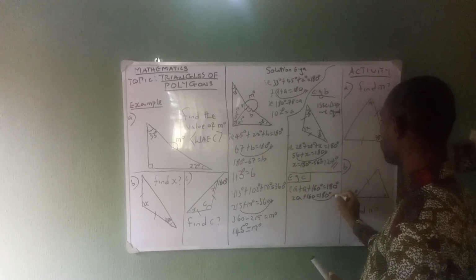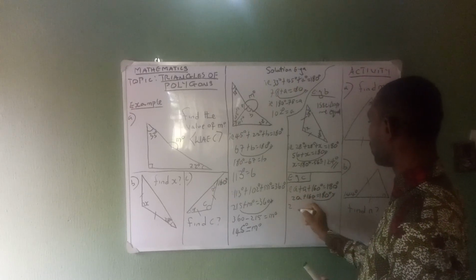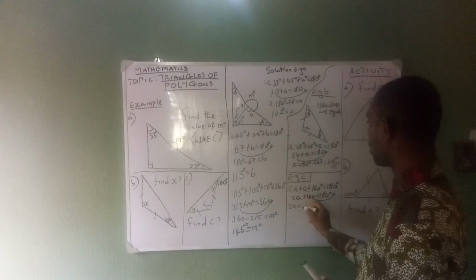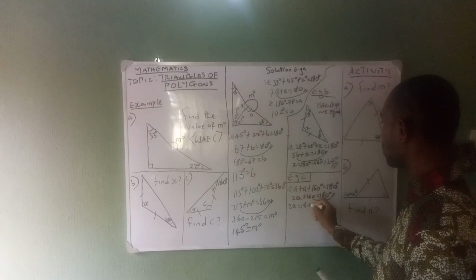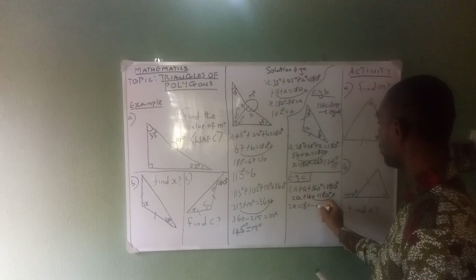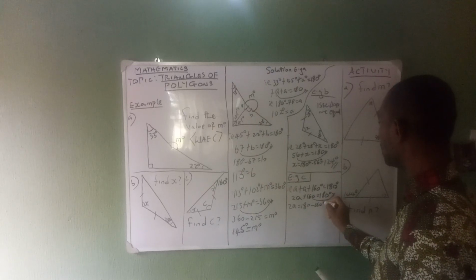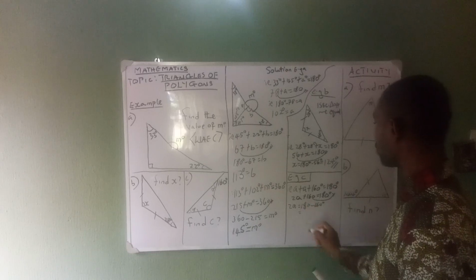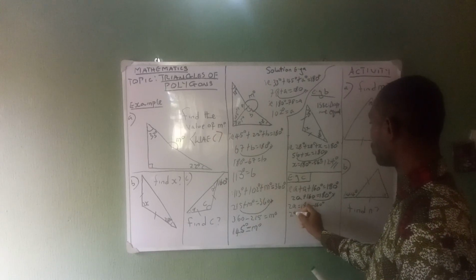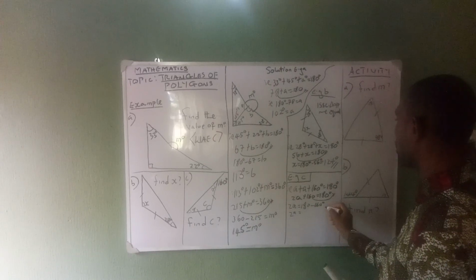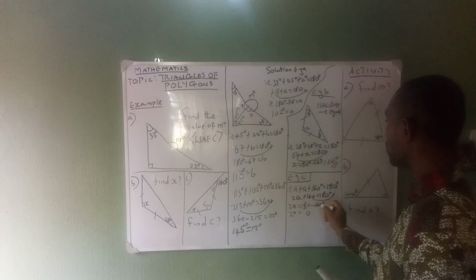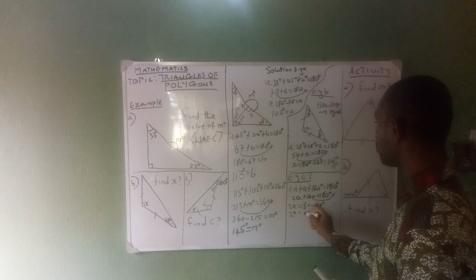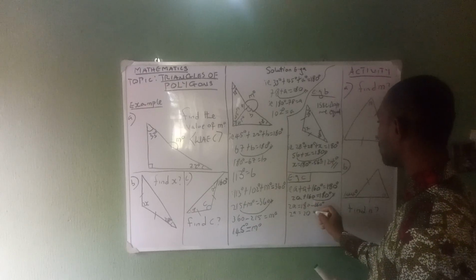So what do we do? Move this 160 here. Our 2A will now be equal to 180 degrees minus 160 degrees. 0 minus 0 is 0, 8 minus 6 gives us 2, then 1 minus 1 is 0.